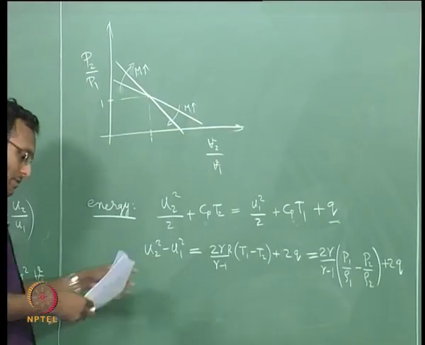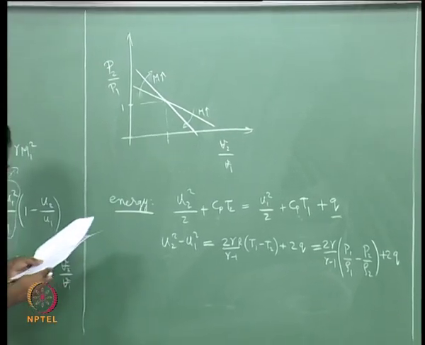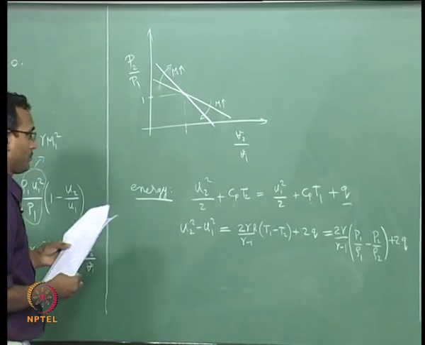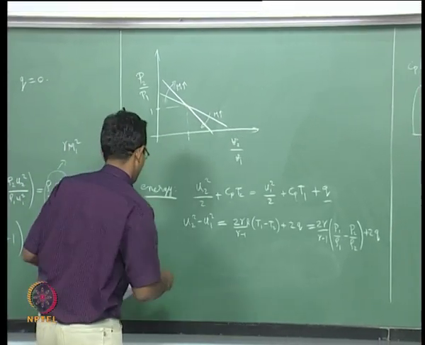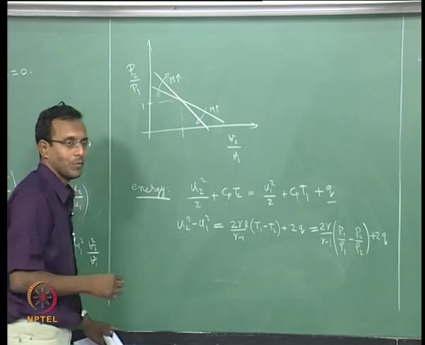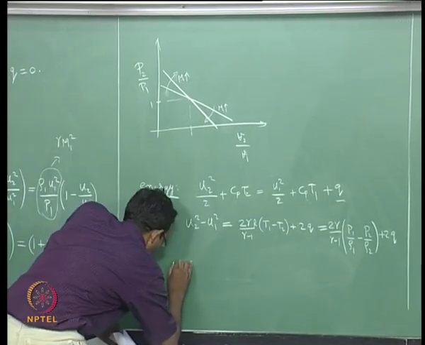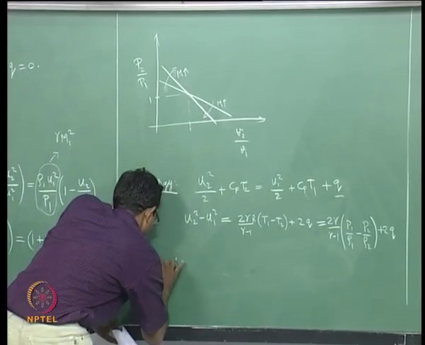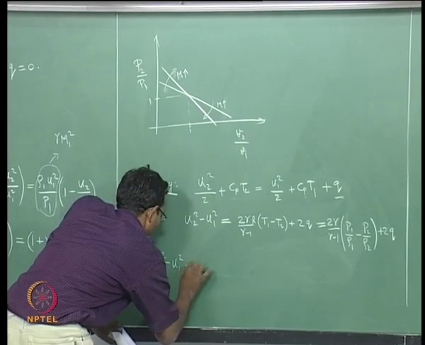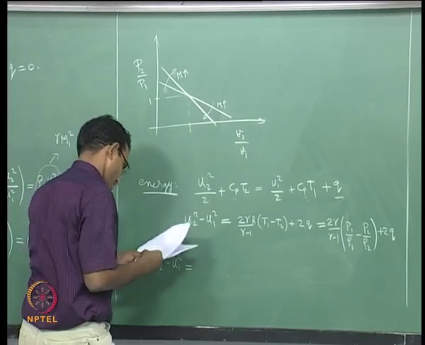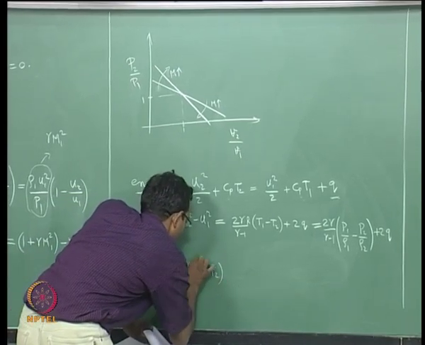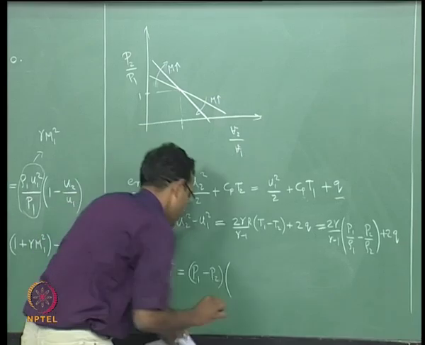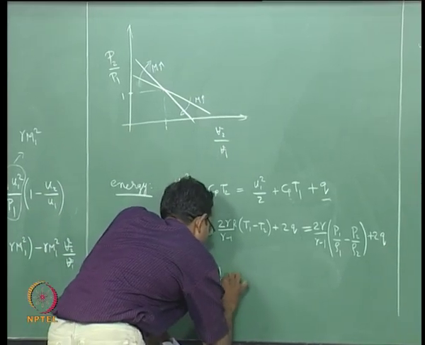This is my U1 square minus U2 square. Now, I will just take one expression from our normal shock derivation. From mass equation and momentum equation, it can be shown that U2 square minus U1 square is also equal to P1 minus P2 times 1 by rho 1 plus 1 by rho 2.